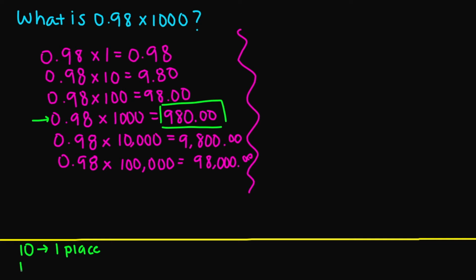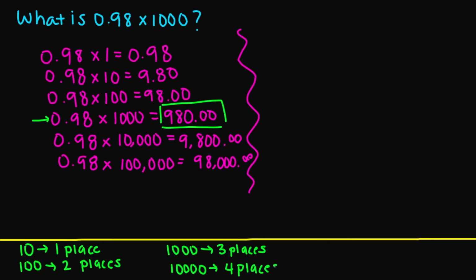If I multiply my factor by 100, you move your decimal point 2 places to the right. If you multiply by 1,000, you move your decimal point 3 places to the right. 10,000, you move your decimal point 4 places to the right. And if you have 100,000, you move your decimal 5 places to the right. And this keeps going on and on.